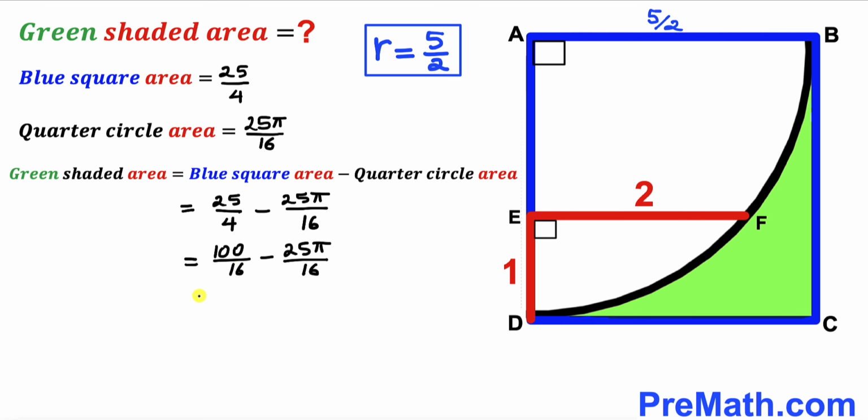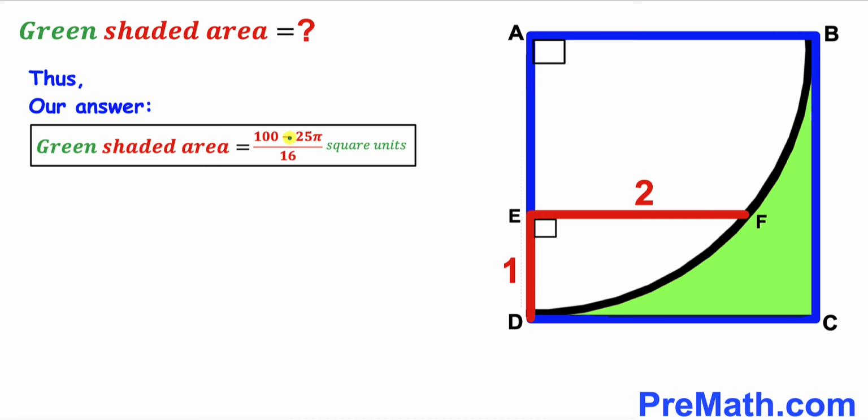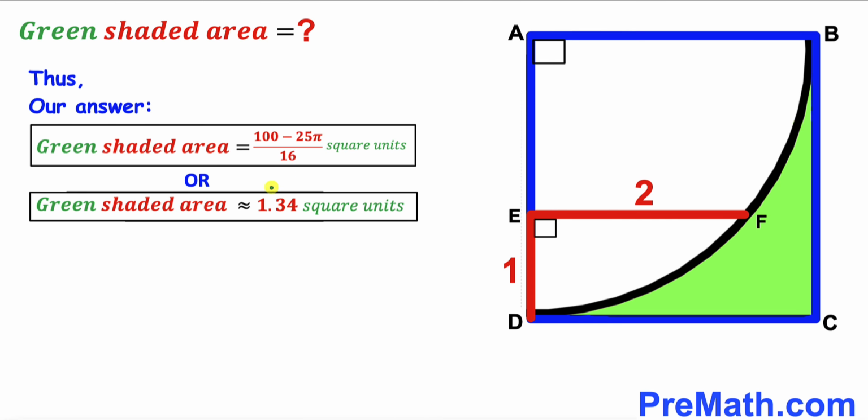So our green shaded region area is going to be equal to 100 minus 25 pi all over 16 square units. Thus, after all the calculations and manipulations, the green shaded region area turns out to be 100 minus 25 pi all over 16 square units, and that's approximately equal to 1.34 square units as well. And that's our final answer.